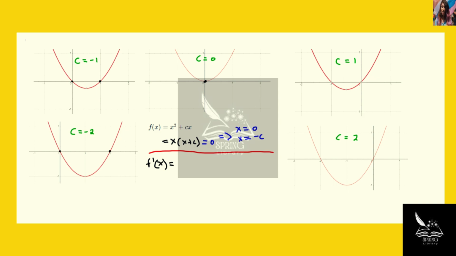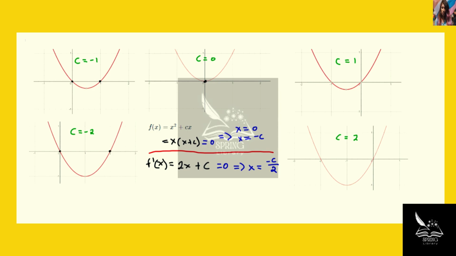So x² becomes 2x, and cx, well, c is a constant, so the derivative of x is just 1. So we just end up with 2x + c. Now, to find our critical values, remember the thing we want to do, set this equal to 0. And that's going to imply that if we have any maxes or mins, it's going to occur at x = -c/2.